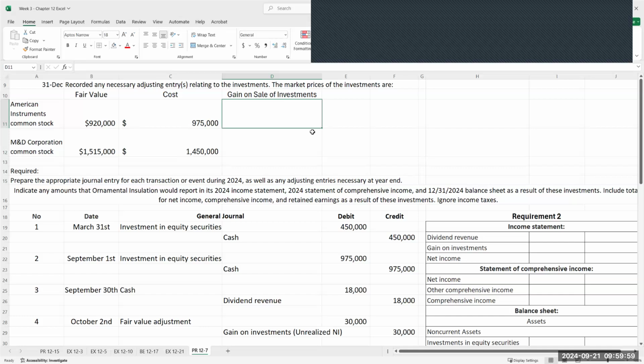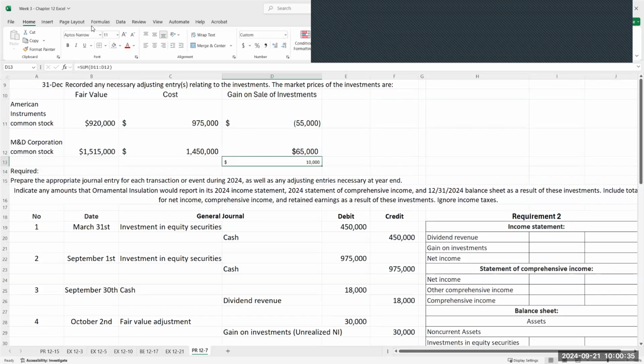All right, so how do we determine this? The fair value minus cost, right? So there's a $55,000 loss for the American Instruments common stock. And for our M&D Corporation stock, the fair value minus the cost lets us know that there is an increase in value. So therefore, we now net the loss from American Instruments common stock with the increase for the M&D common stock.